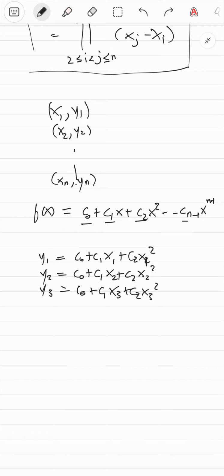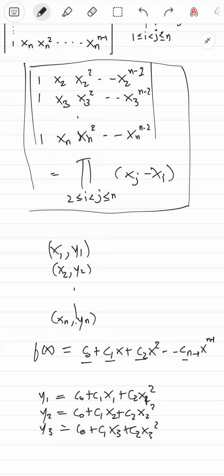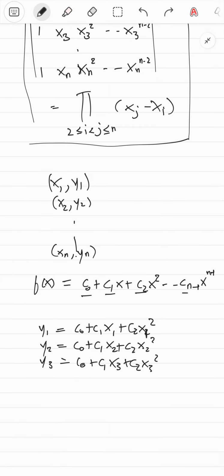But our main concern is, can you find a unique polynomial of degree n minus 1 given that it passes through all of these points, right? So after rephrasing our question a bunch of times, the final question that we get is this thing, and let's see, can you actually do that?